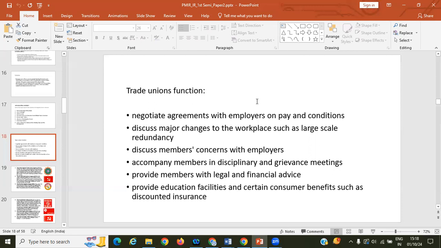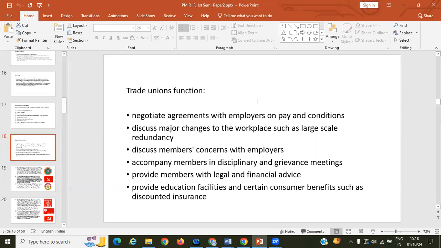Provide members with legal and financial advice. Suppose you have a dispute and you are going to take legal steps. The union is going to help. Sometimes the union gives financial advice, such as how you can get more salary and more benefits, and what skills you have to improve.